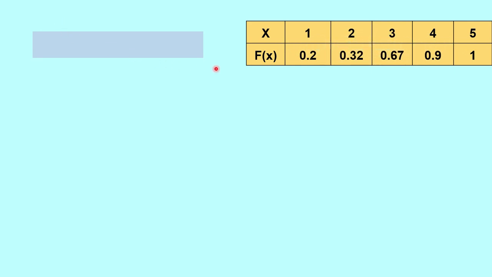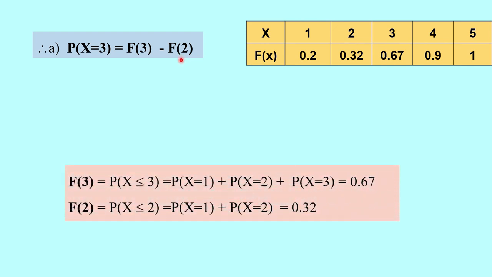Now we continue. A, the question asks to find the probability x equals 3. So the formula is given as capital F3 minus capital F2. So how do we get this? Like you have learned before, capital F3 means probability at less than or equal 3, or the summation of probability x equal to 1 plus x equal to 2 plus probability x equal to 3.